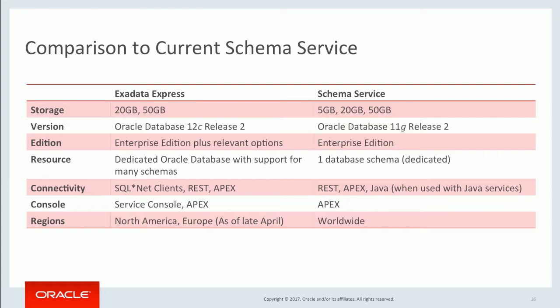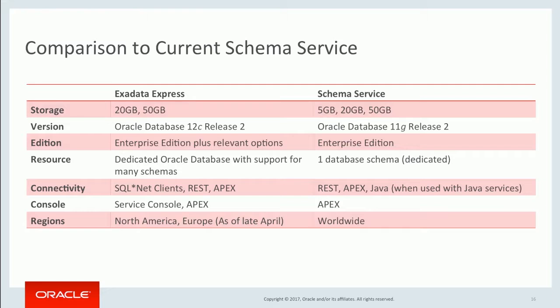So comparing it with something called the Oracle Database Schema Service, this service is going to be much more flexible. The regions that the service is available in today are only North America and Europe, but we plan to go worldwide, such as the schema service today. For connectivity, in Exadata Express, as I mentioned, you get SQLnet access, whereas in the schema service, you don't get SQLnet access.